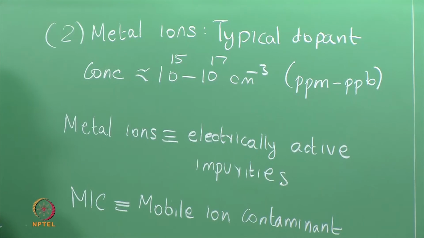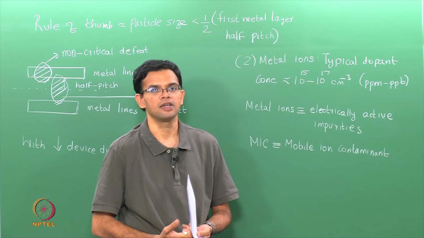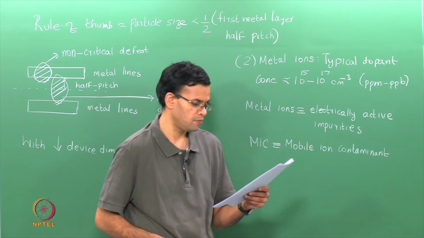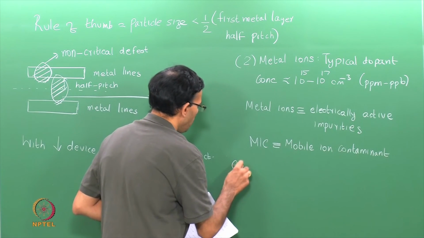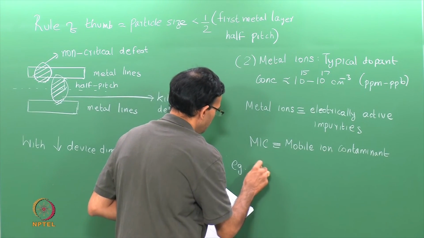So, these usually have a high mobility within the semiconductor. So, they can basically bury deep into the semiconductor and affect the properties. So, a most common form of a mobile ion contaminant is sodium.